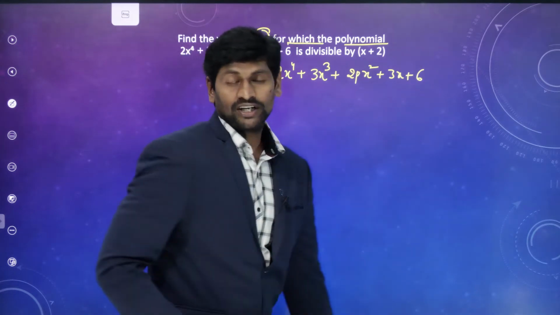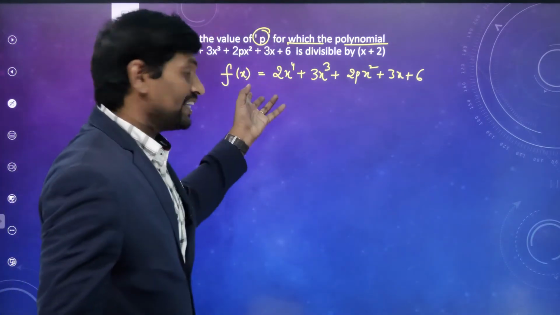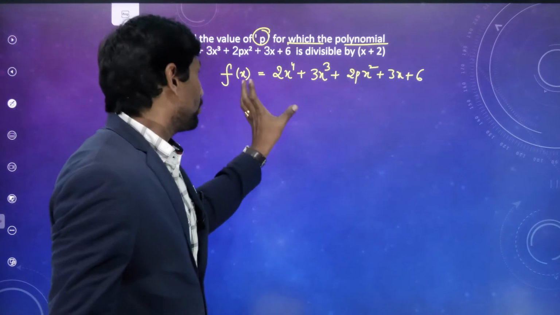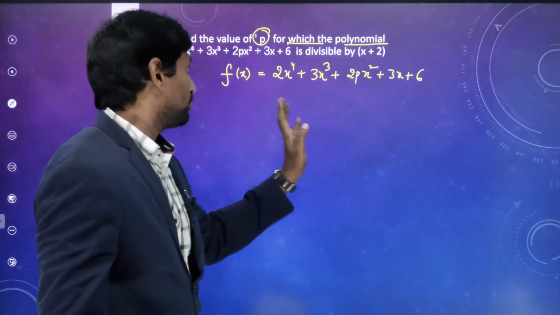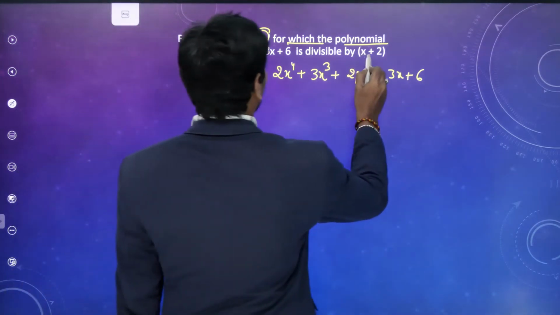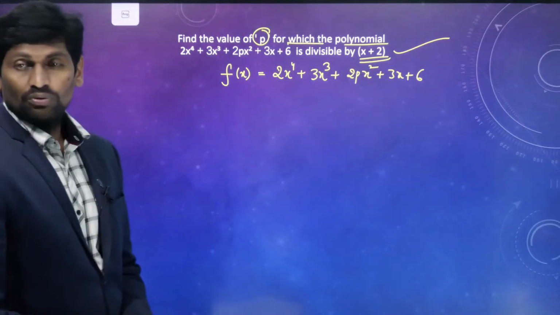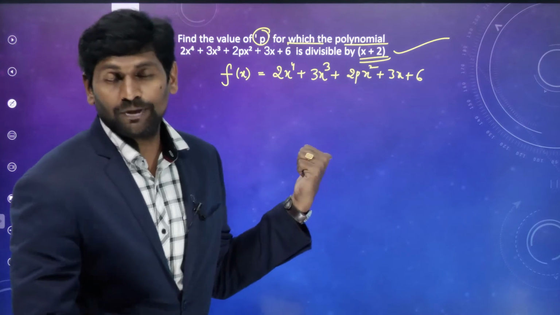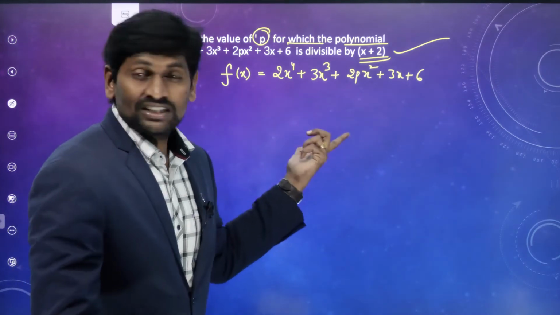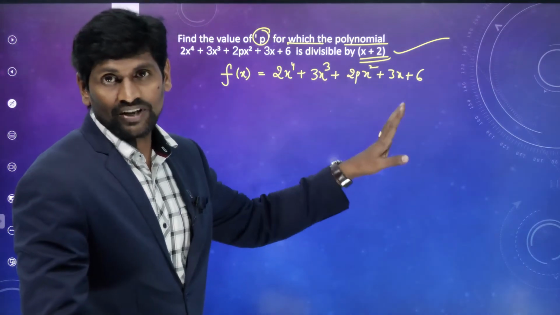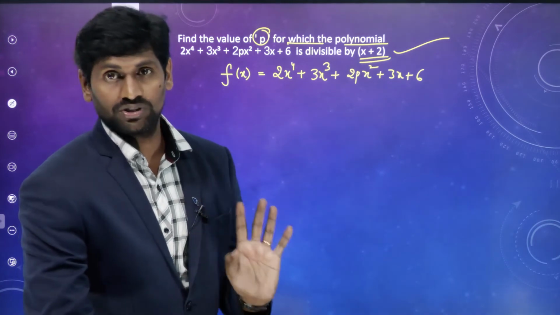So this is a biquadratic polynomial, right? Because its degree is 4. A degree 4 polynomial is called a biquadratic polynomial, and here x plus 2 is a factor, exactly divisible by x plus 2. Whenever it is exactly divisible by x plus 2, the remainder becomes 0, since x plus 2 is a factor and minus 2 is the solution.